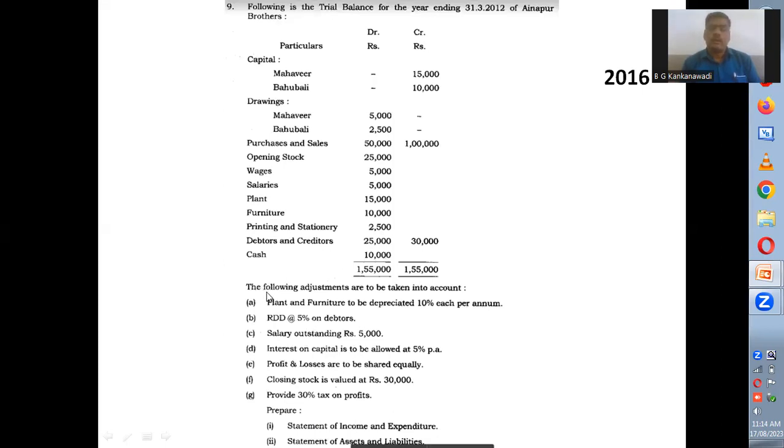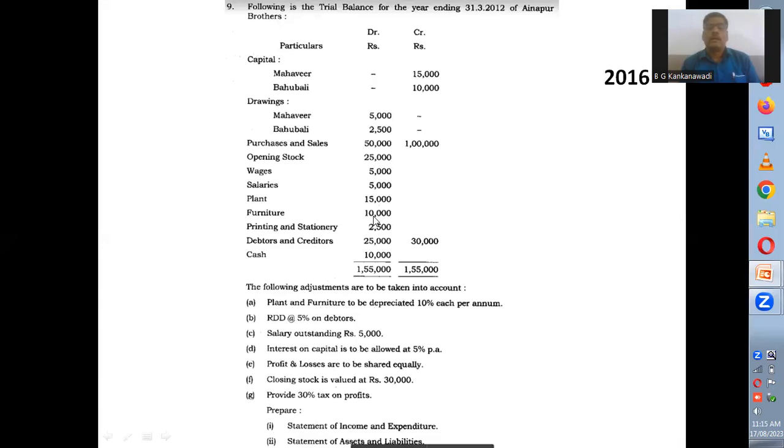Come to the adjustments. The following adjustments are to be taken into account. First adjustment: plant and furniture are to be depreciated 10% each. 10% of plant, 15,000, is 1,500.